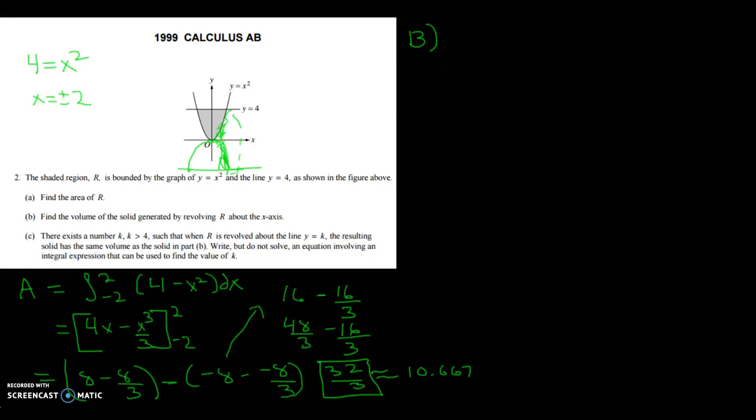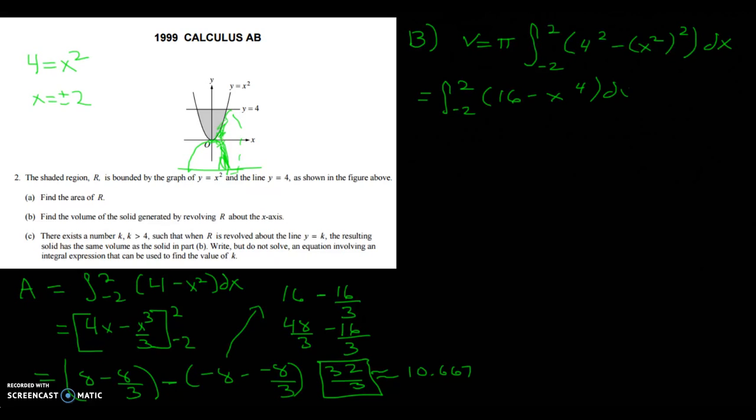So now the volume is going to equal pi. Now we've got to do outer squared minus inner squared. It's still the same boundaries, negative 2 to 2. But now we're going to do 4 squared minus x squared squared dx, which is going to equal, from negative 2 to 2, 16 minus x to the fourth dx.